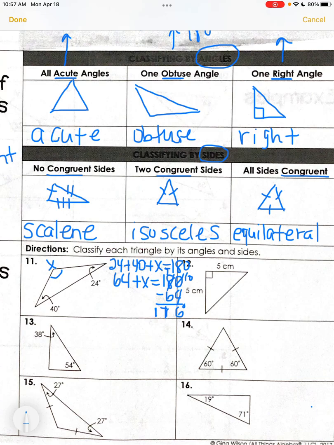Okay, so x over there is 116 degrees. Okay, so since the missing angle is greater than 90 but less than 180, this is going to be an obtuse triangle. And it doesn't appear any of the sides are equal, so it's going to be an obtuse scalene.